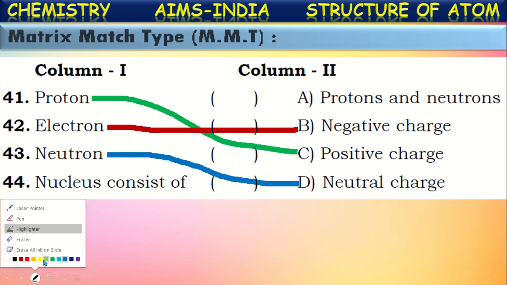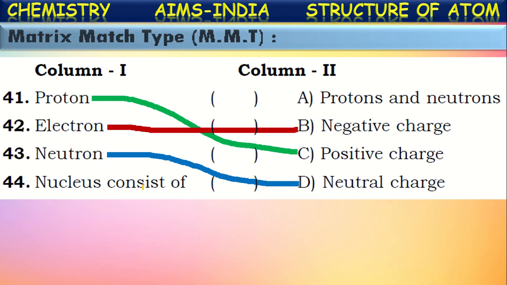And next, nucleus consists of. What does it contain? Nucleus consists of protons and neutrons, which we call together as nucleons. So out of these nucleons, protons are positively charged particles, whereas neutrons are neutral particles. So finally, nucleus carries a total positive charge also. It contains protons and neutrons.